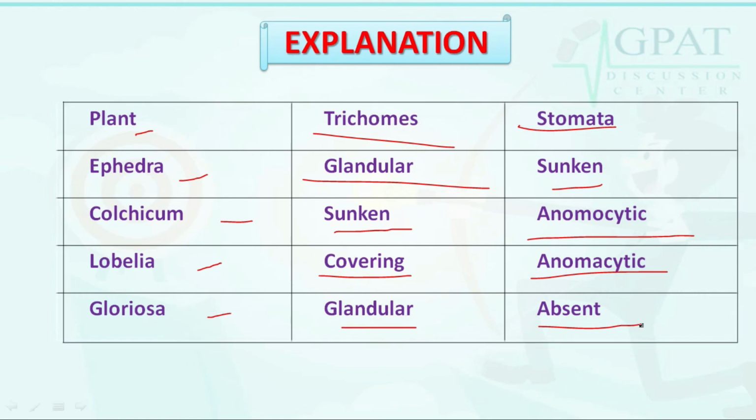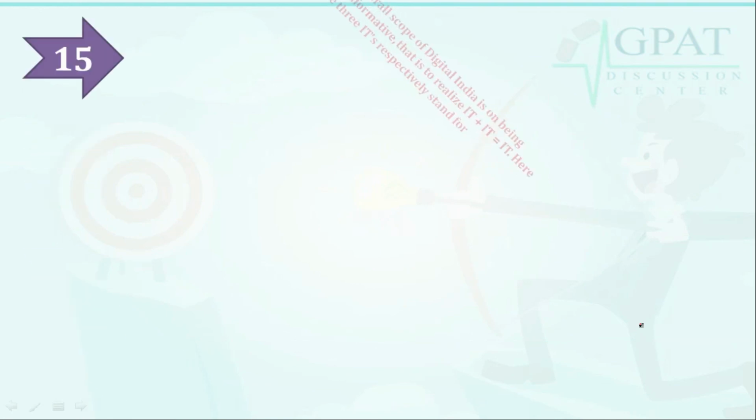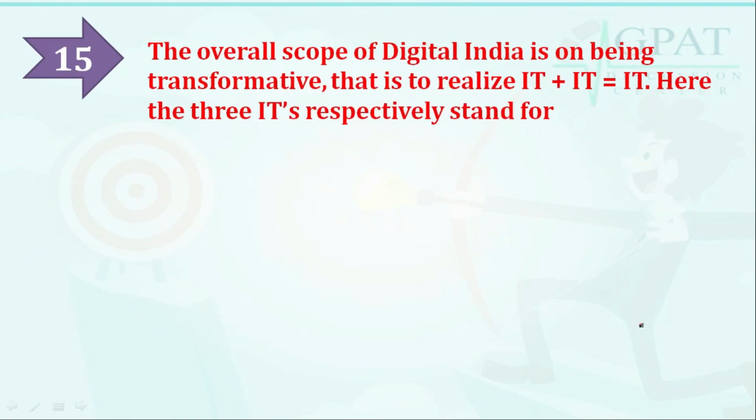So moving on to the next question, or the last question of this video: the overall scope of Digital India is on being transformative, that is to realize IT plus IT is equal to IT.